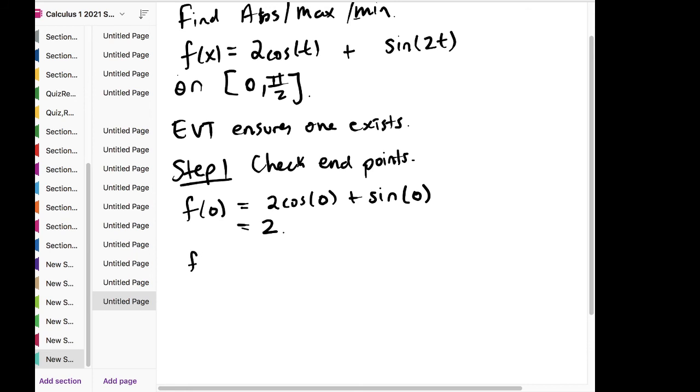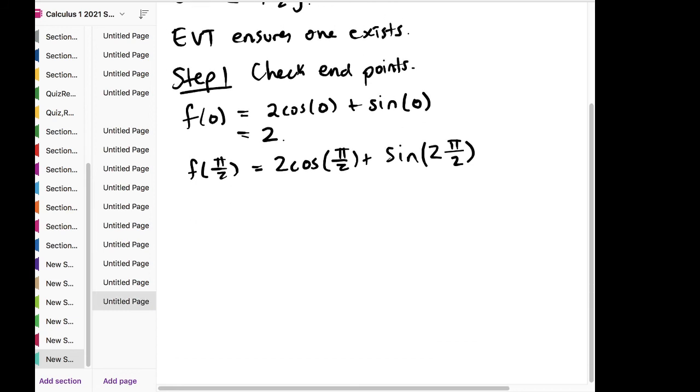What's f of pi over 2? Can someone tell me what 2 cosine of pi over 2 plus sine that is? What's cosine of pi over 2? Yeah, 0. And then what's sine of pi? 0.